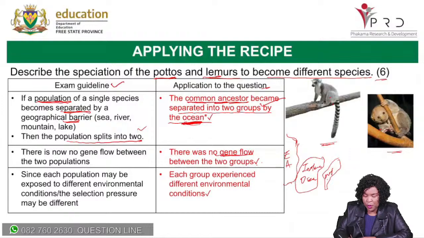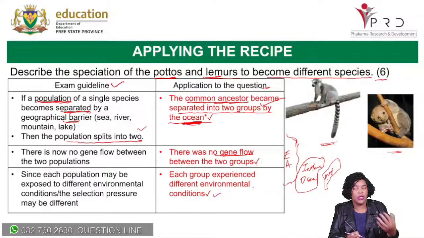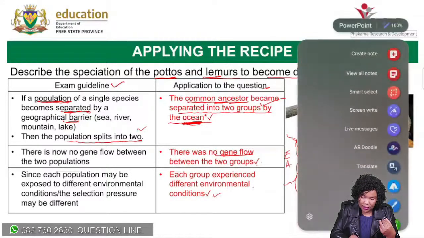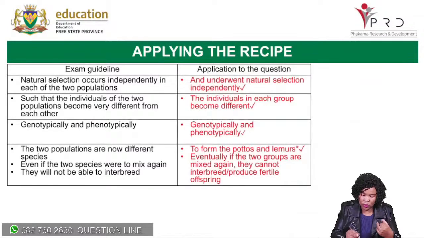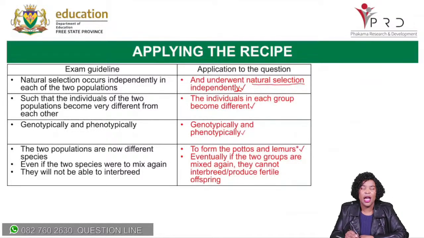Then each group is going to experience different environmental conditions, or there will be competition. Examples of those can be competition also. And that will lead to what? It will lead to our organisms undergoing natural selection independently, because in natural selection the environment is going to be the selective pressure.